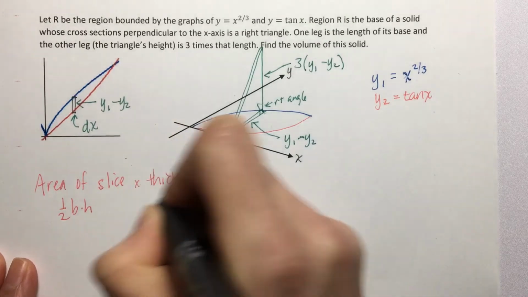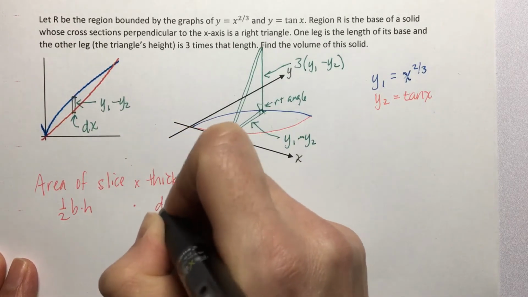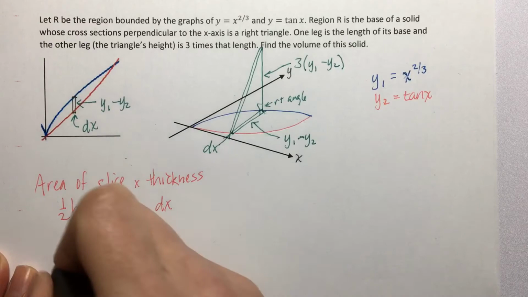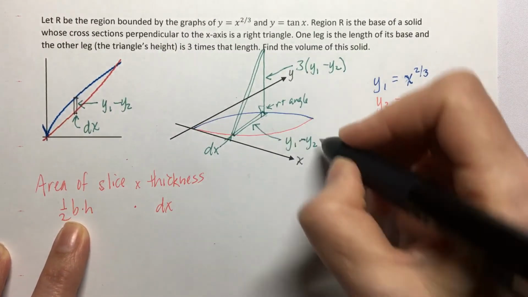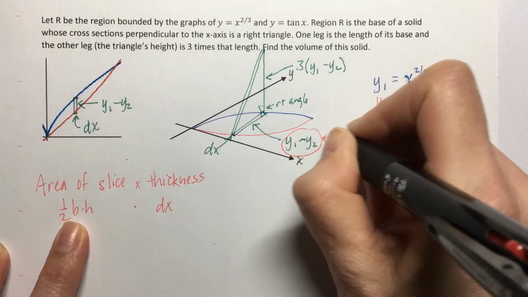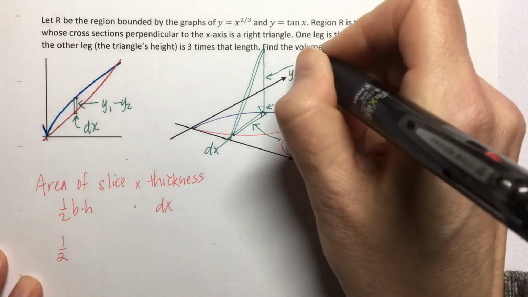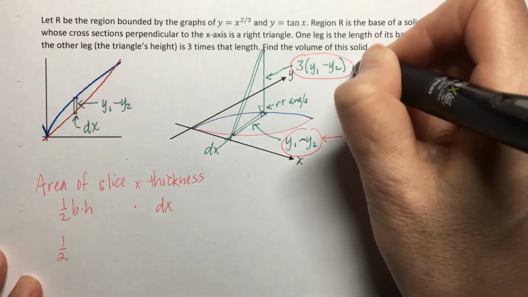And then our thickness is going to be a dx. So I have my 1/2. My base is my y1 minus y2. I could even make myself a note that this is the base, and that this guy right here is my height.